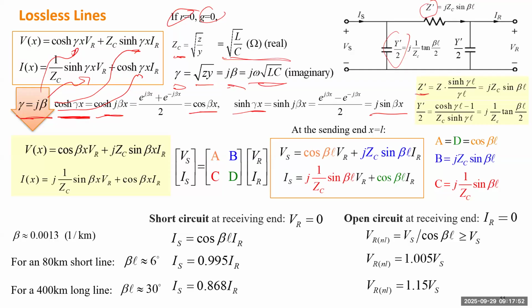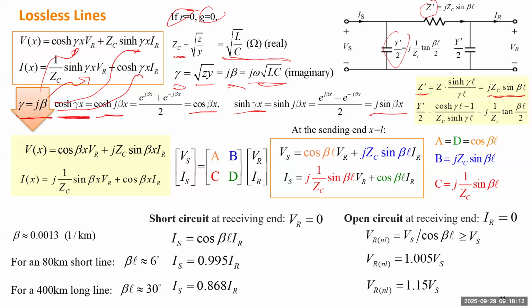So the Z prime, which is the corrected total impedance of the line, now becomes j times ZC times sine beta L. That becomes just a purely imaginary number. It just reflects the equivalent total reactance of the line.